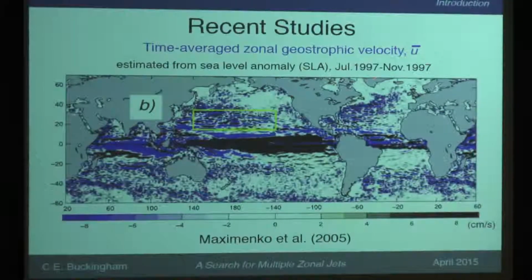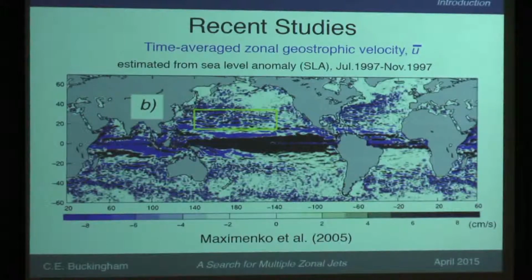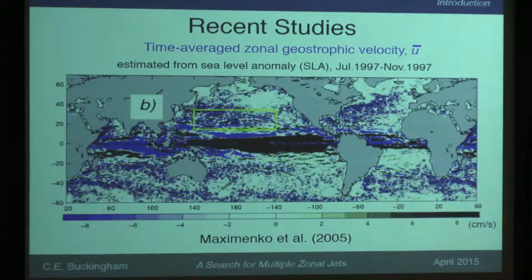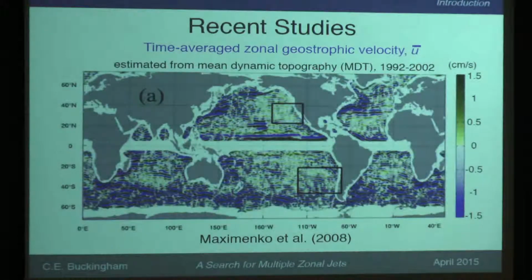They averaged for about 4 months, and they found that out of the sea level anomaly, the geostrophic currents showed evidence of these alternating currents. So we have eastward and westward flowing currents in a 4-month average. So black is red in this picture, right? That's correct. I'll clarify that throughout the talk.